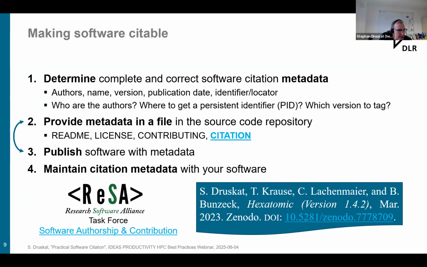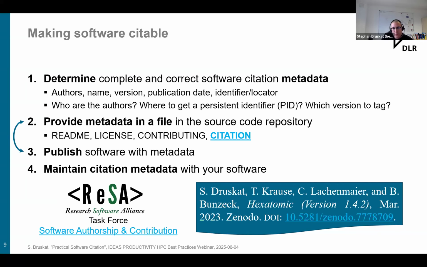As already mentioned, the next step would then be, once you have that metadata ready and provided in your repo, you publish your software to get a persistent identifier for the software. And you can publish the software in an open access repository, for example. One well-known example for open access repositories is Zenodo.